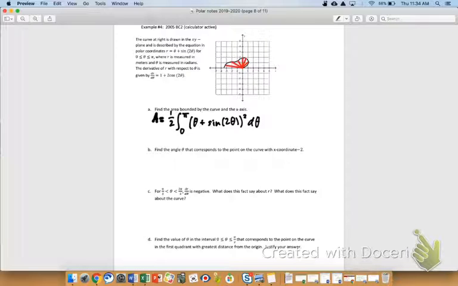Once you have that set up, you have your 1/2, your r squared, your 0, and your pi. You just use Math 9. Did anybody take it all the way through? What'd you get? 8.1? Oh, I didn't do the half. Oh, okay, there we go. Perfect. So 4 point something, 4.382. And that'd be it.